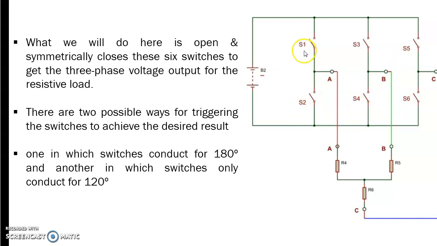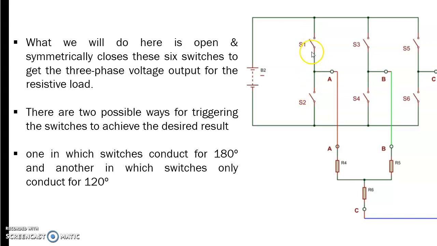And this S1 will be conducting. If S1 is on, it will conduct for a 180 degree duration. That means this will be turned on only after 180 degree. Only after the switch is turned off is this turned on. You cannot turn on both switches at the same time.